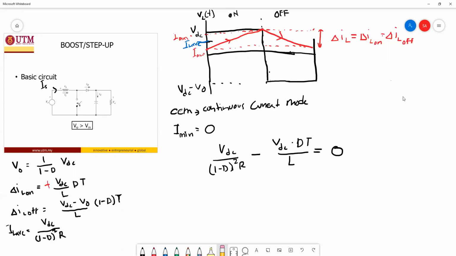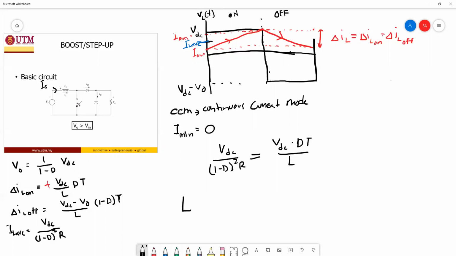So finally, this one will become equal to this.